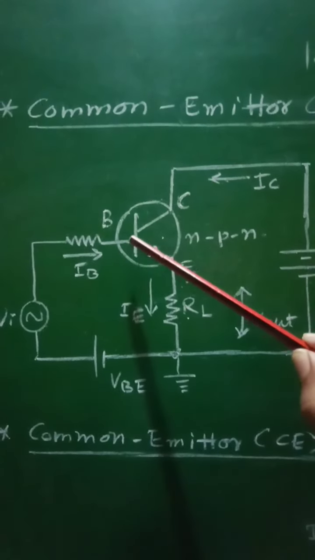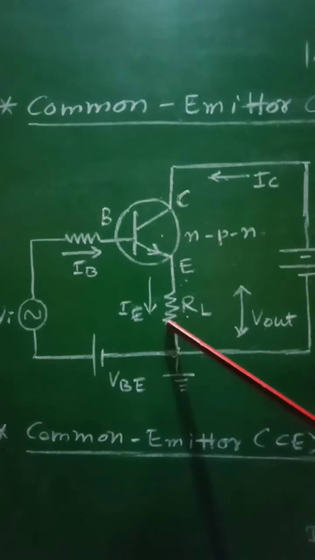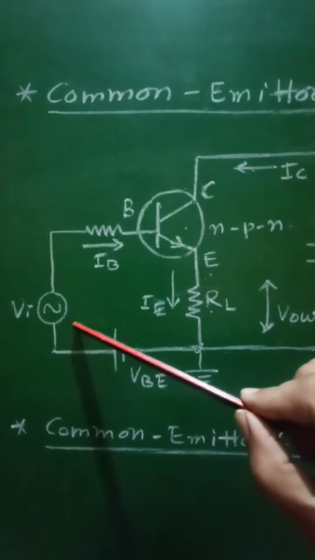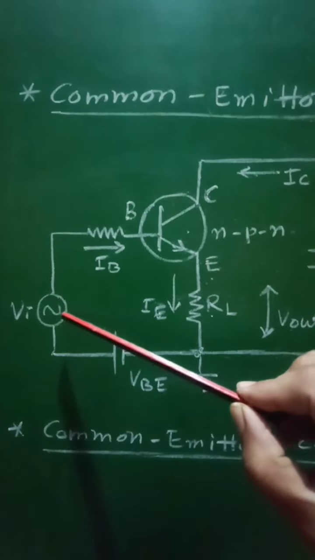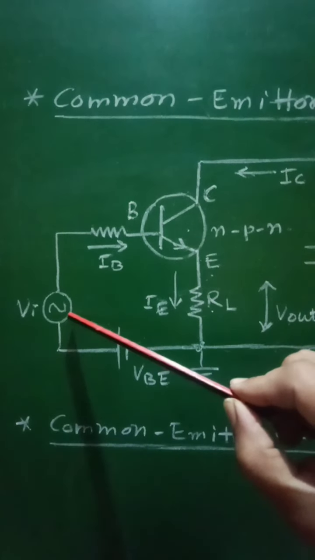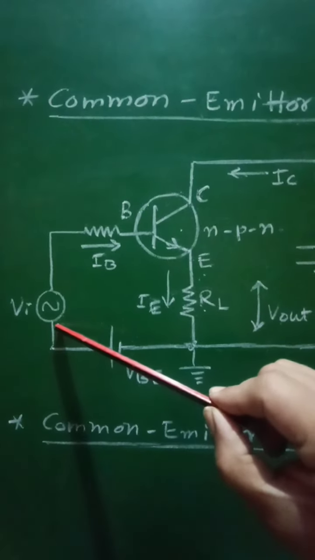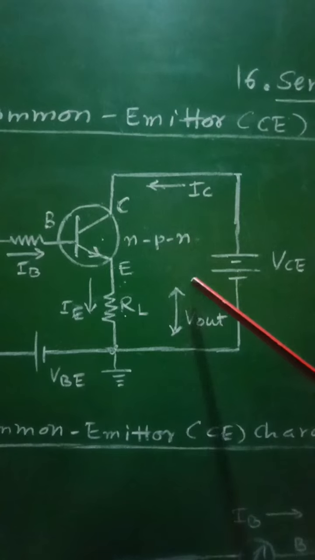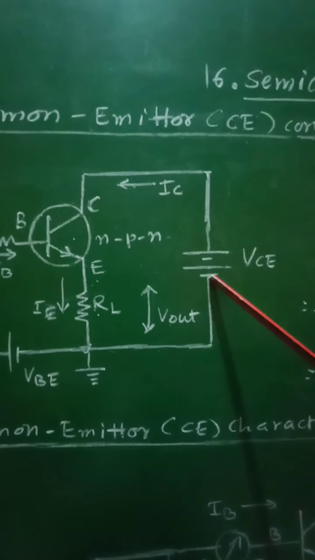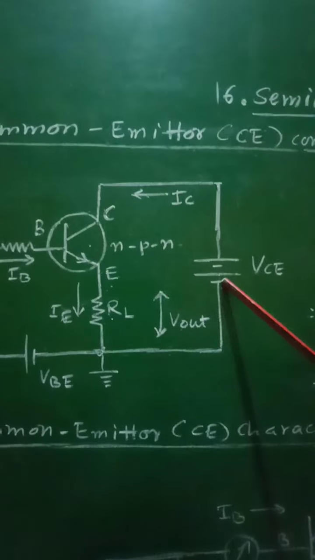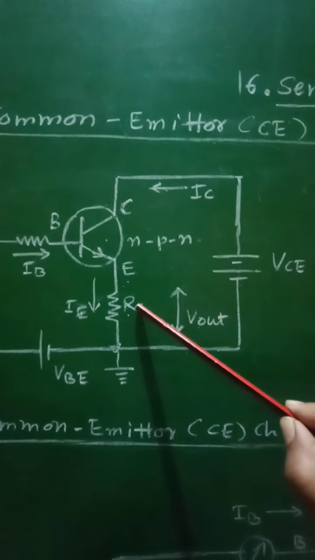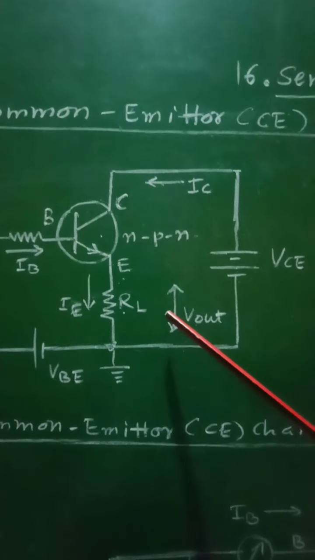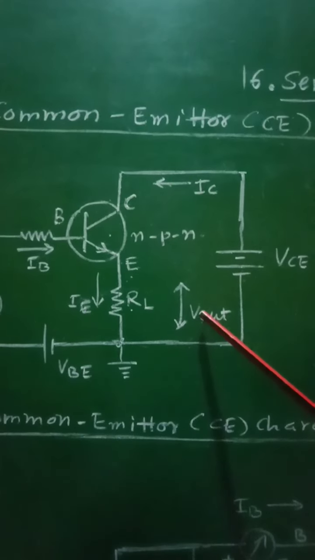Then between base and emitter, the proper biasing phi BE is provided along with the alternating supply, which provides the input voltage phi I. Then between collector and emitter, the proper biasing phi CE is provided and a load resistance RL is connected between collector and emitter, across which the output voltage phi out is obtained.